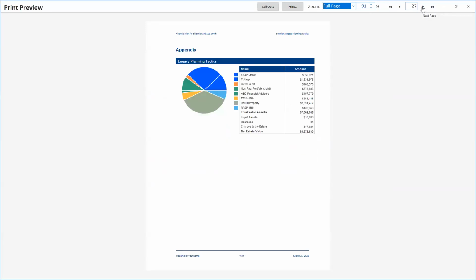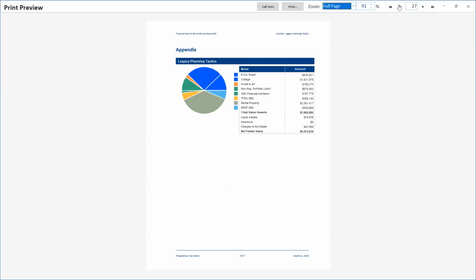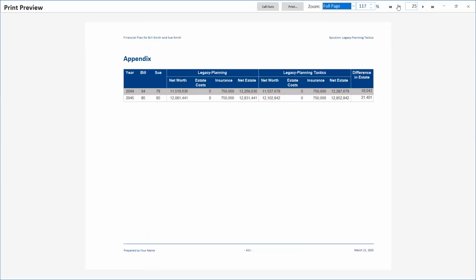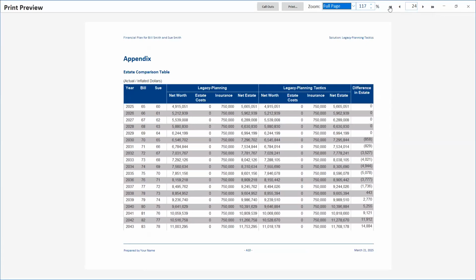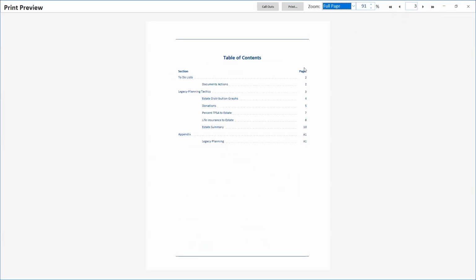Bill, legacy planning tactics. Sue, no legacy planning applied, legacy planning tactics applied. So there's some pretty healthy output that clients can review to try and better understand all the different implications of their estate. And that runs however many pages. So that's what I wanted to cover today, gents.